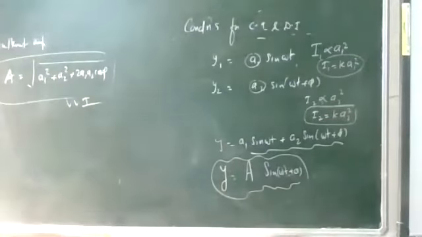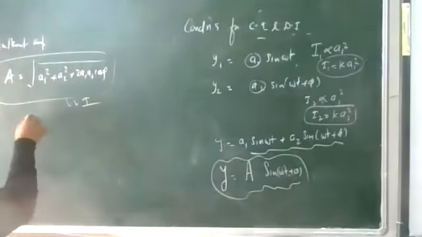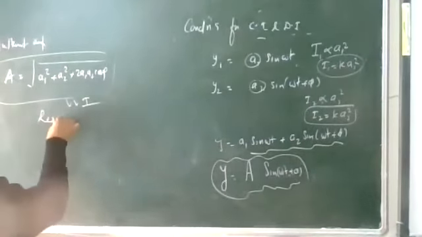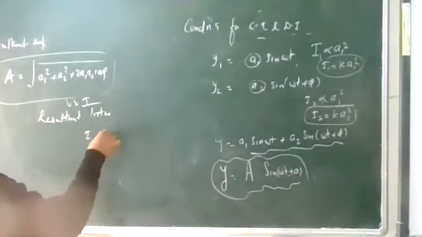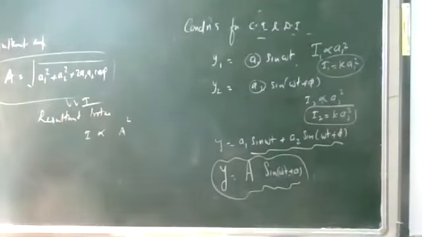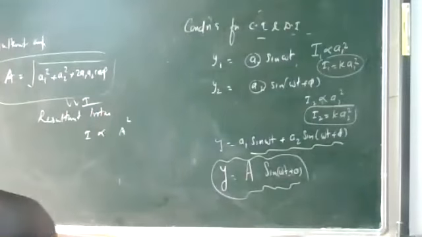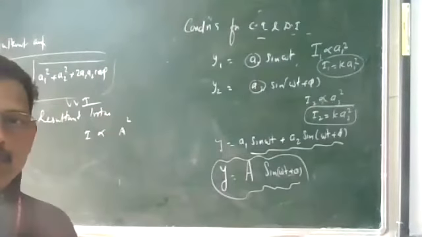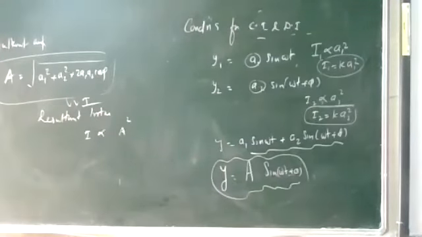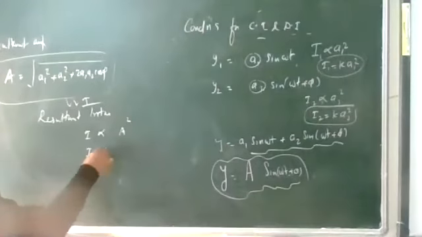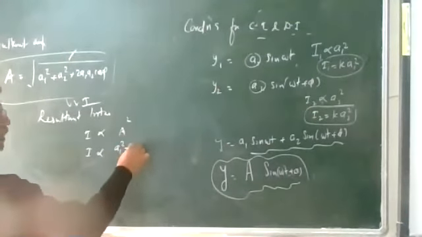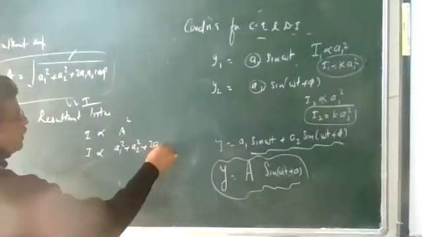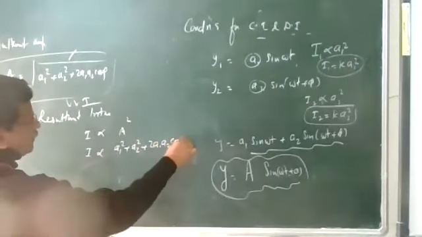So we have the resultant amplitude here. What is the resultant intensity? The resultant intensity I is proportional to A square, the square of the resultant amplitude. So this is proportional to A1 square plus A2 square plus 2 A1 A2 cos phi.